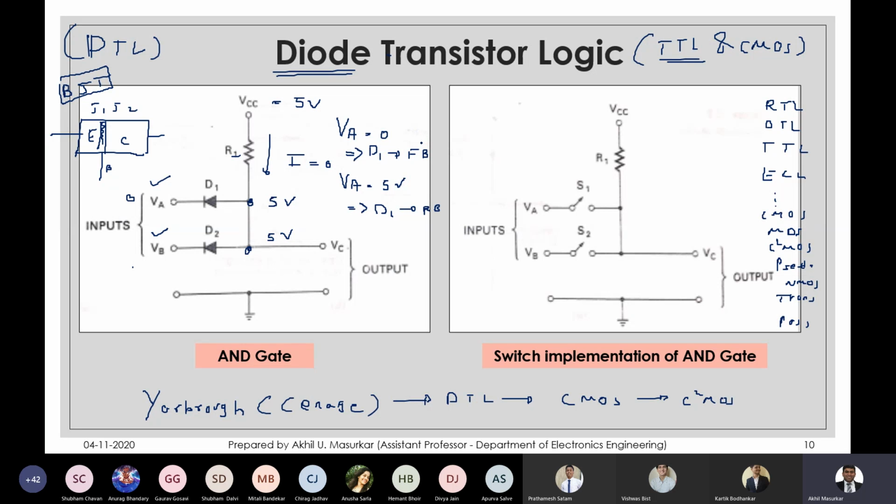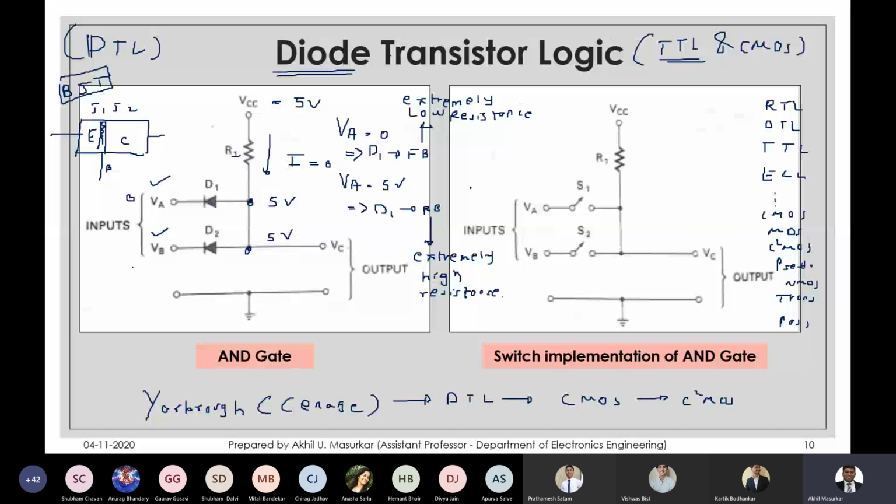As you know, in forward bias, the diode operates with extremely low resistance. So basically it's like a wire, and in reverse bias it gives me extremely high resistance.